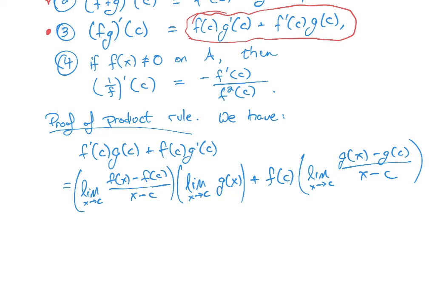Now, once again, on the left half of this quantity we've got the product of two limits that exist. So the result is the limit of the product. Let's just do it as this.